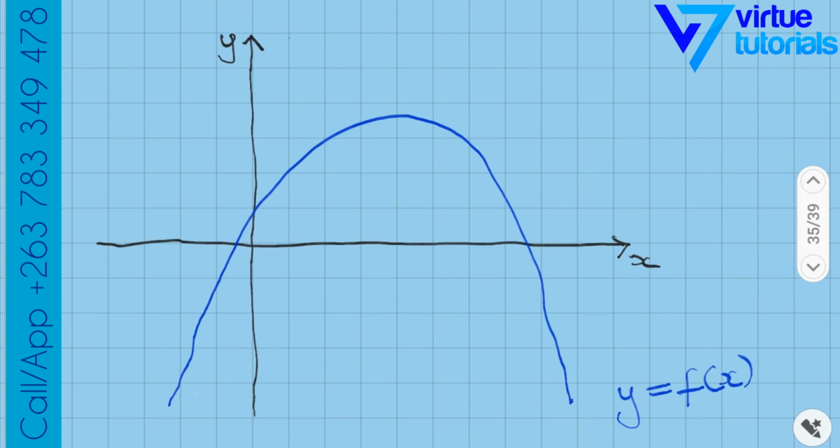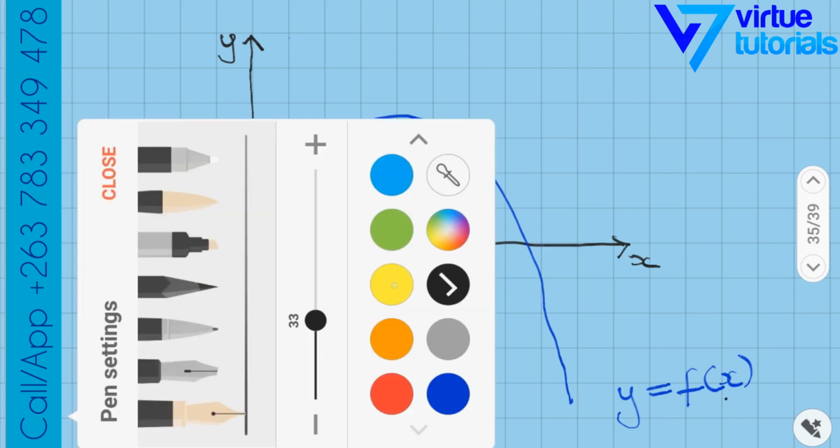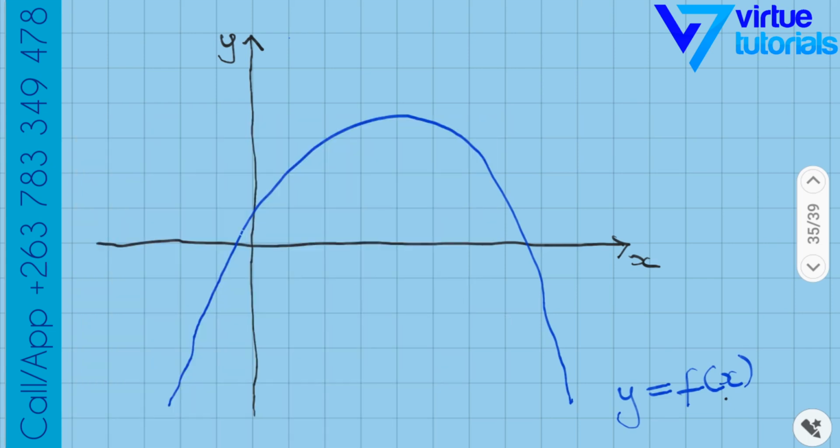So if I draw the graph of a function, it will be y is equal to whatever that function is. Now, what's important is that when the curve is drawn, there are values of x for which the curve is above the x-axis, right? This is our x-axis here. So from there all the way up to here, the curve is above the x-axis.